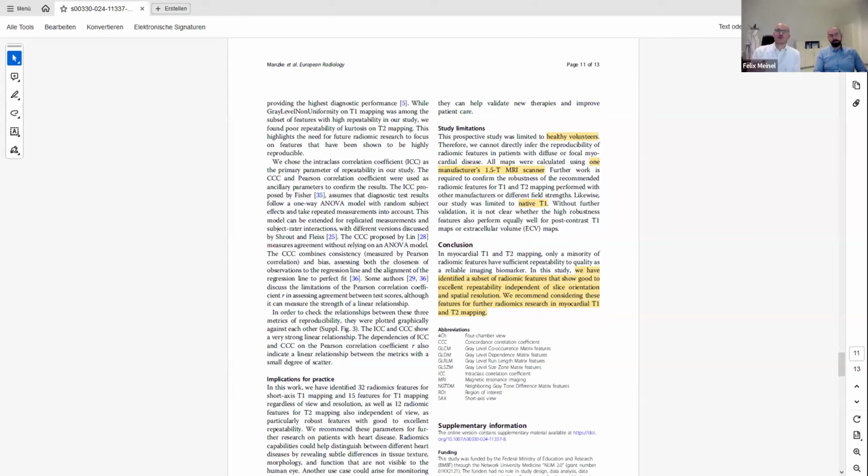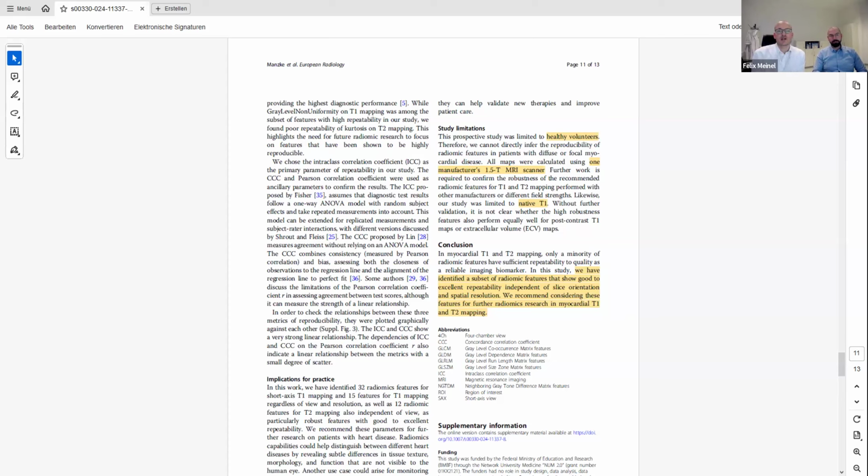Because really, in contrast to other publications on this topic, we were interested to really look at specific features and their performance, rather than just report the performance of classes of features. And to do that, we really had to focus on a set of features, and we decided to exclude wavelet features because that was beyond the scope here.